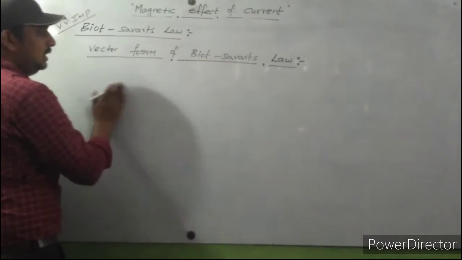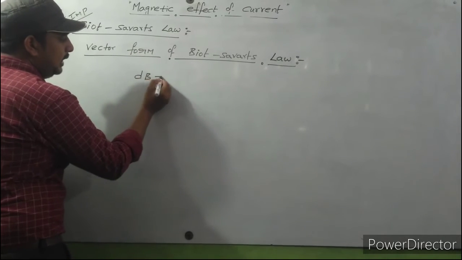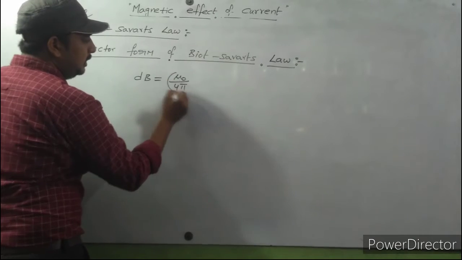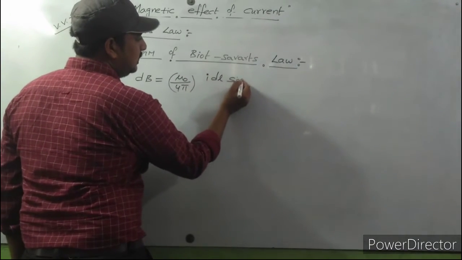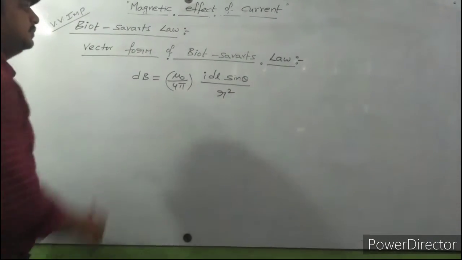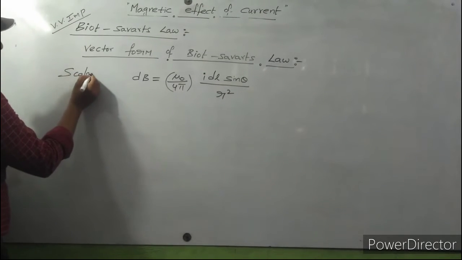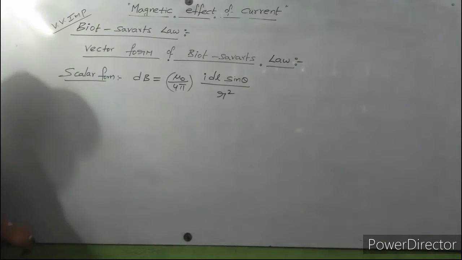Observe carefully here. You already know the scalar form: dB is equal to mu naught by 4 pi into I dl sin theta by r square. So this is the scalar form. How can we write it in vector form?